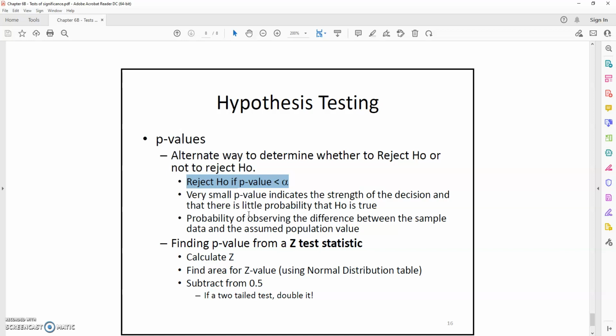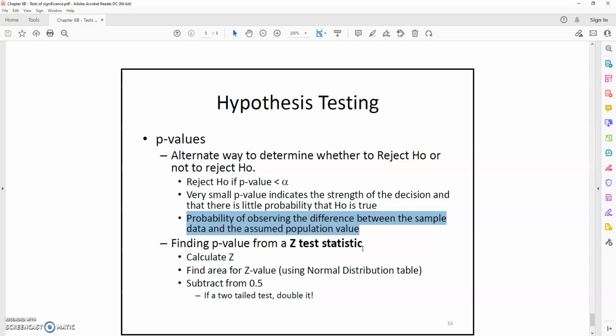So, what is a p-value? Basically, remember we are observing something in the sample, and we are comparing that to something assumed to be in the population. So we assume something in the population is true, that the average height or average weight or the average money spent or the average income, we assume a value exists in the population.